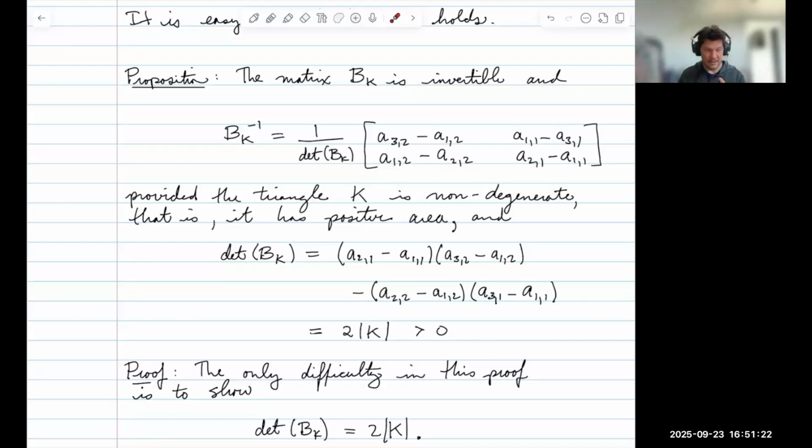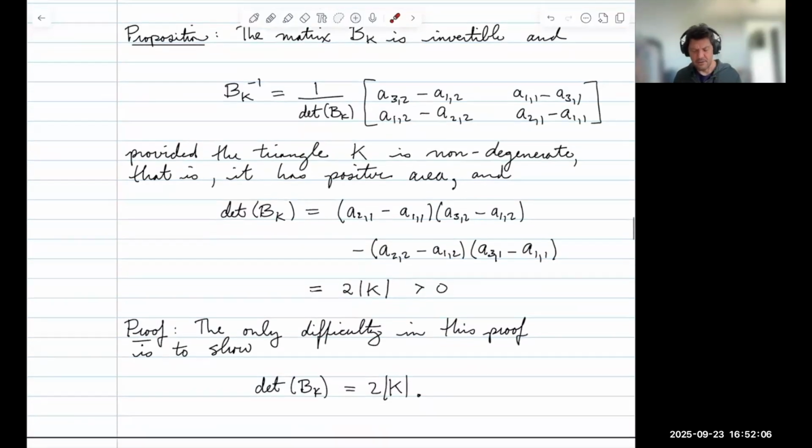It can be shown, and part of the proposition here is, that the determinant of BK is precisely equal to twice the area of the triangle. So it makes sense: if the triangle is non-degenerate, it has positive area, so the two-dimensional measure of K is strictly positive, and therefore the determinant, if this formula holds, is greater than 0.